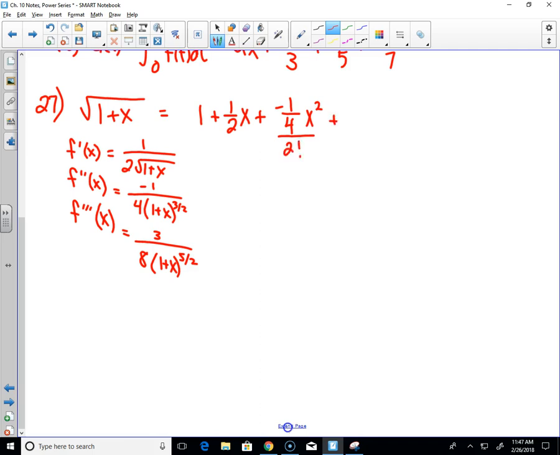Does that make sense? Then I have 3/8 x cubed, right? All over 3 factorial. Does it say general term? It's nicer if it doesn't.